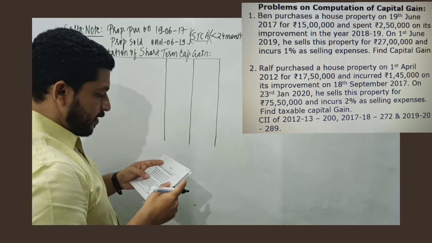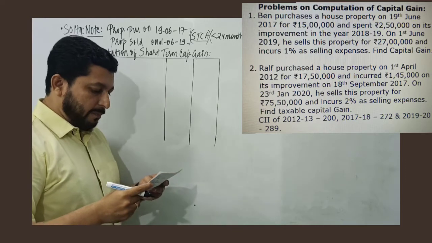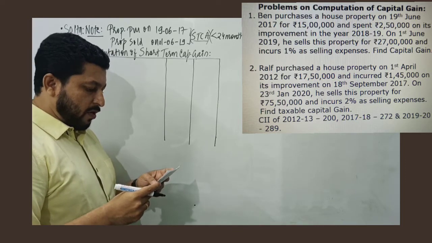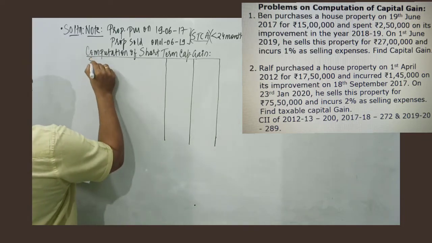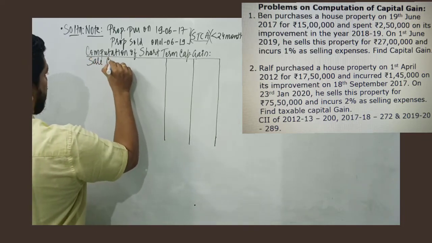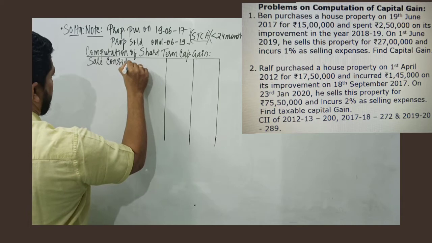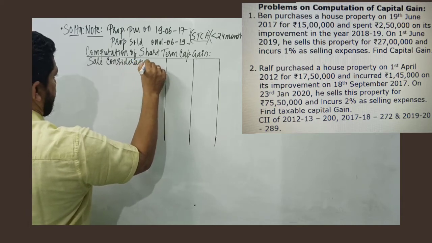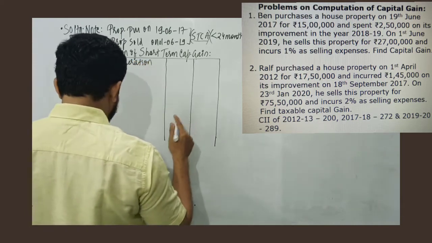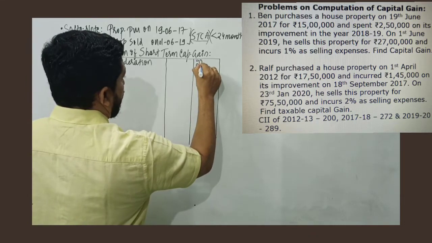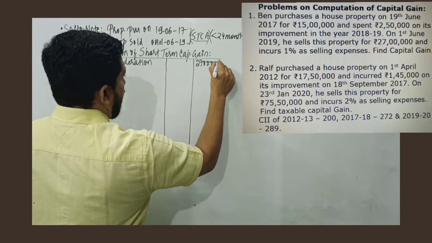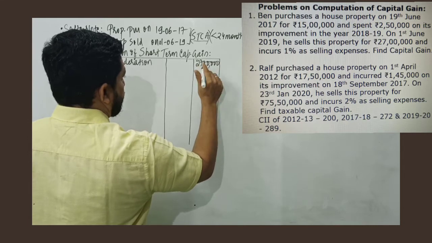I take sale consideration as the starting point. On 1st of June 2019, he sells this property for rupees 27 lakh. So, I record over here sale consideration. Sale consideration of the property is 27 lakh. So, I record 27 lakh in the outer amount column.